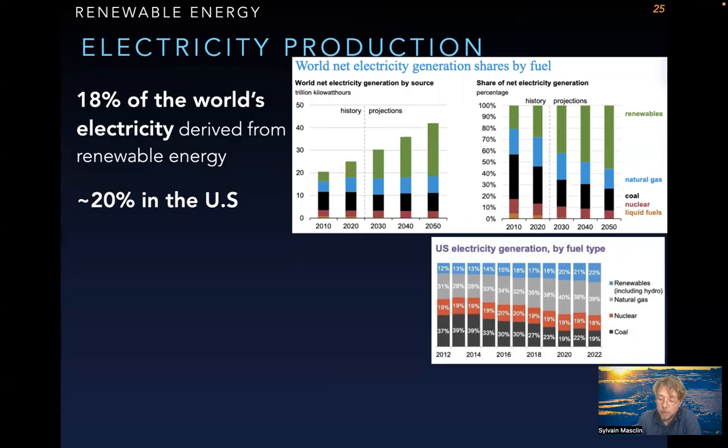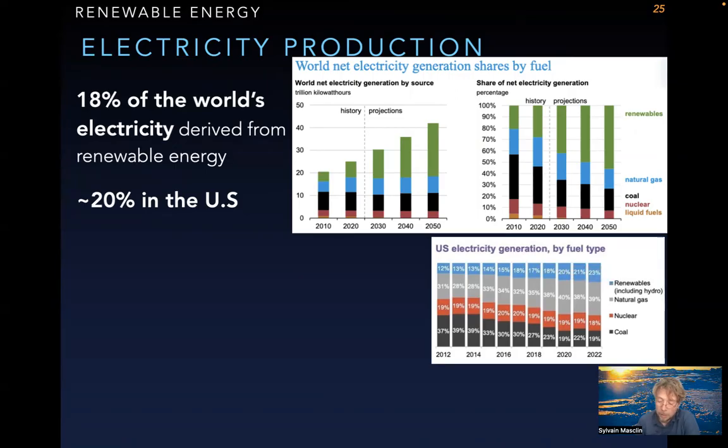The majority of these renewable resources, in fact, comes from dams and hydropower, which is the main renewable energy resource in the world. In the US, we do have a considerable amount of renewable energy coming from dams, but the big increase that we have noticed over recent years has come from more solar panels and more windmills, wind power, which allows us to reach about 23% estimated by 2022.